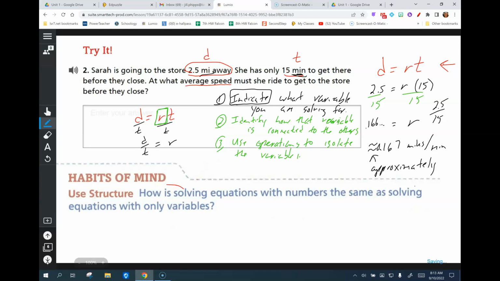So, habits of the mind. How is solving equations with numbers the same as solving equations with only variables? You do the same operations, but you don't get a number.